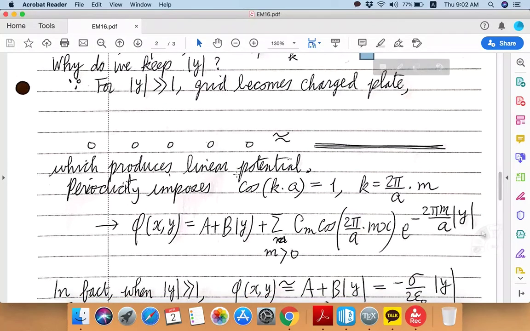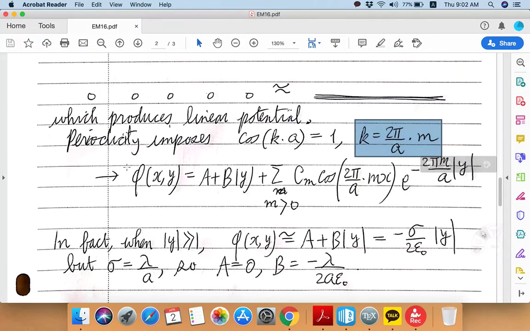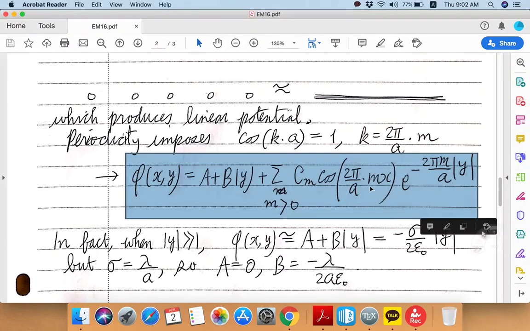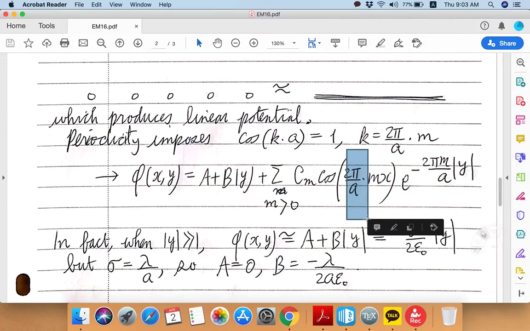That will only be guaranteed if this was equal to 1, which will only be guaranteed if k was quantized, like this. Okay, so this function now takes on a slightly more concrete form, where k is no longer an arbitrary value, but it's something that is quantized in integer multiples of 2 pi over the separation between the adjacent wires.